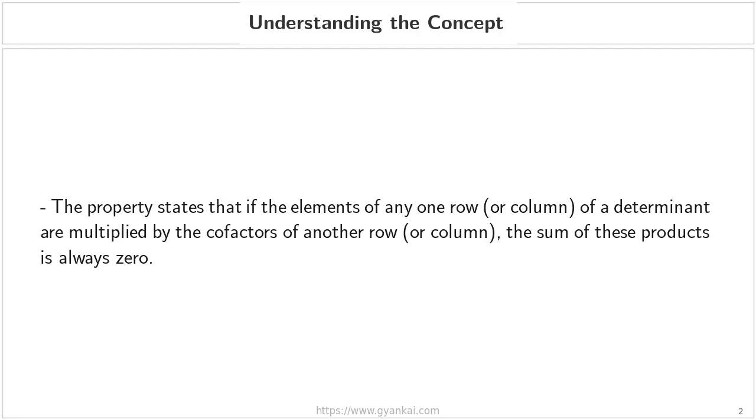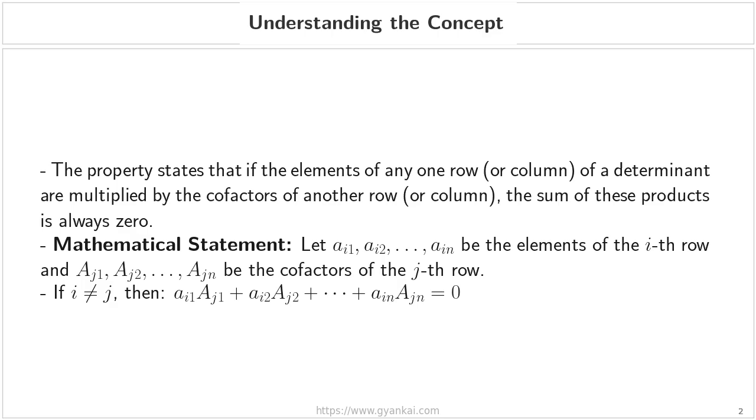Understanding the concept, the property states that if you take the elements from any one row, or even any one column, of a determinant and multiply them by the cofactors belonging to a different row or column, the sum of all those products will always equal 0. To be more precise, let's look at the mathematical statement.